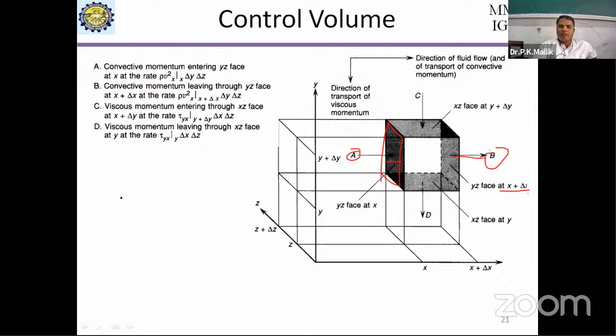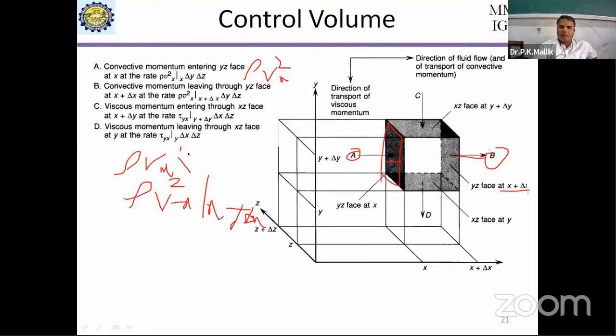Then you can write rho v square at x plus delta x, and for the first one, rho v square at x. That means rho vx is the rate of momentum along the velocity direction vx, so that's why it is rho vx square.